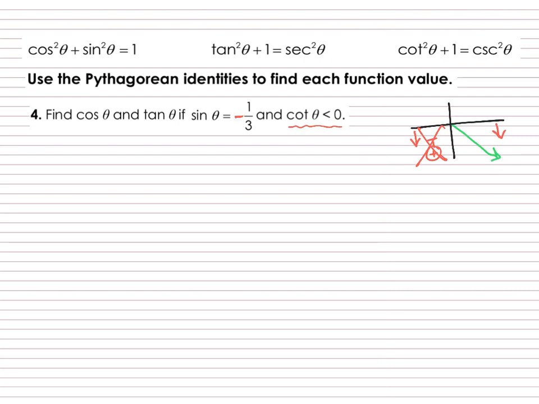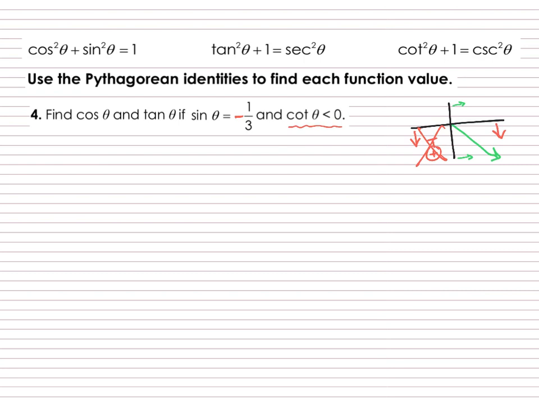Now, this is important because the sign of our final answer for cosine should be positive, because we are to the right of the y-axis. So knowing what quadrant the angle is in, we don't have to draw the triangle anymore, but it's going to let us know what our values should be. Okay, so we're going to use the Pythagorean identities to solve for cosine and tan.